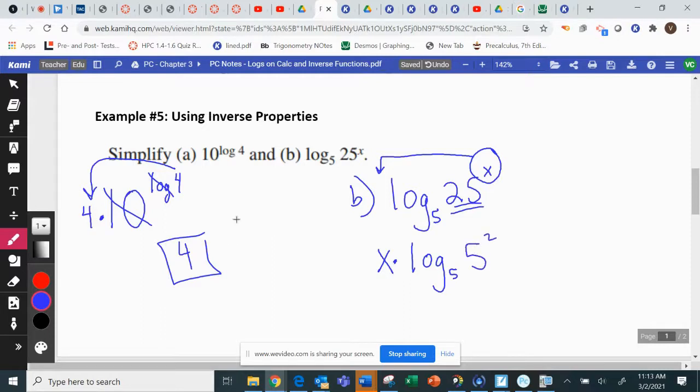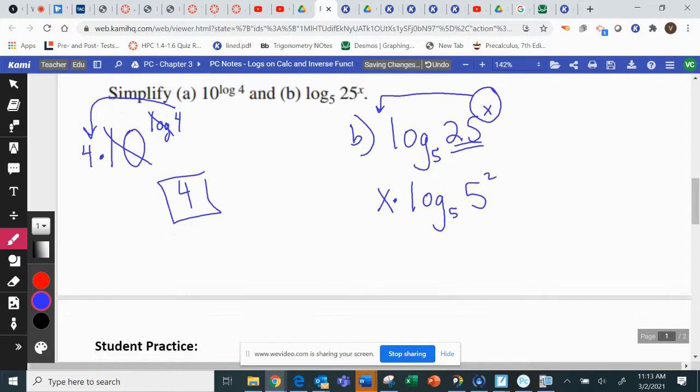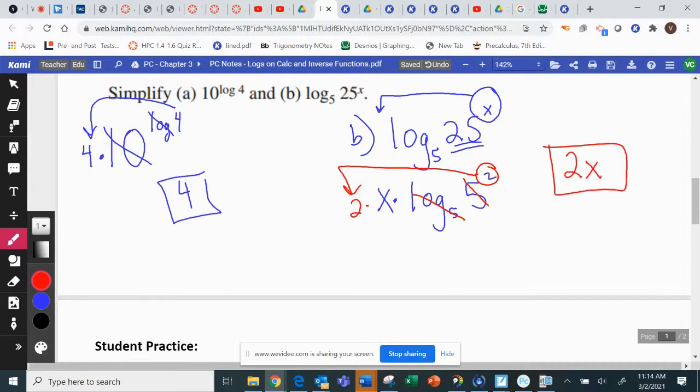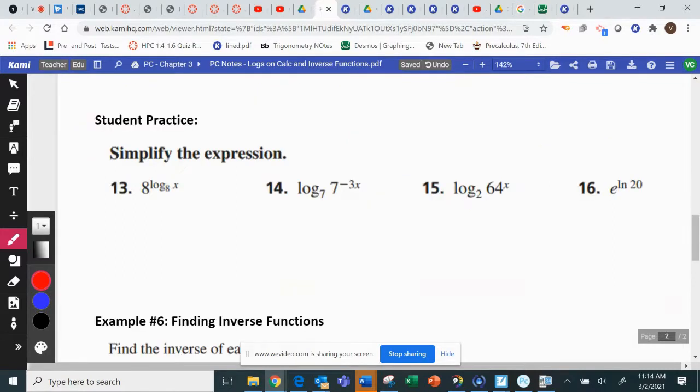Make it 5 to the second. Good. So when it's 5 to the second, log base 5 and 5 cancel. The 2 goes to the front. And we get 2x. Any questions about that one? Okay, try them. 4 of them for you to try.